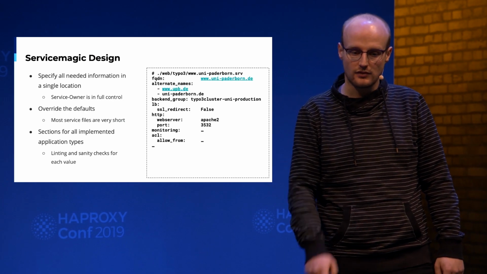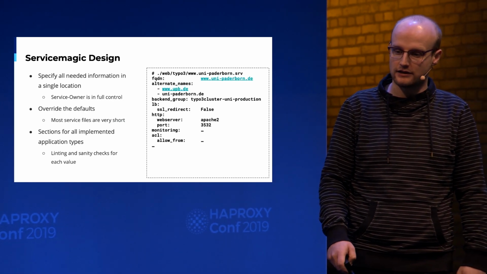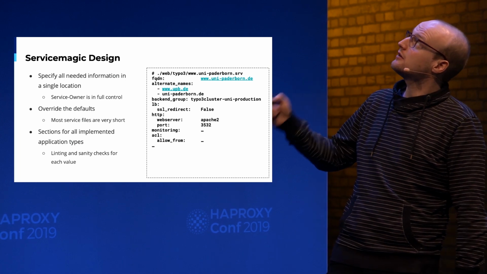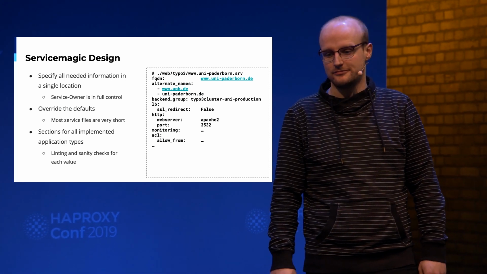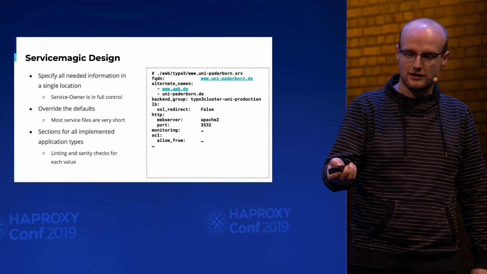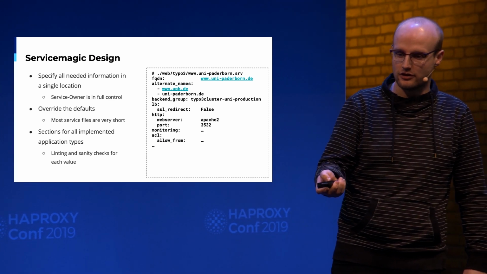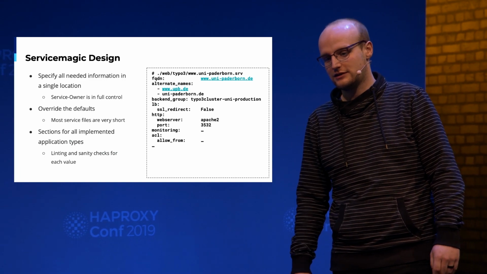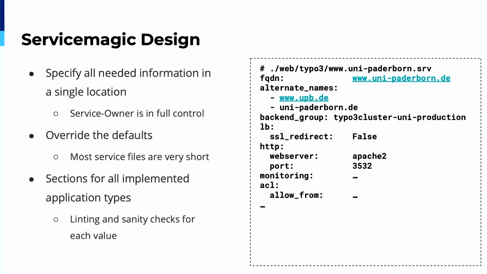So if you have a service file like here on the right, and you see that we have SSL turned on, and we say the SSL redirect is false, we know, okay, the HTTP server is doing the redirecting.